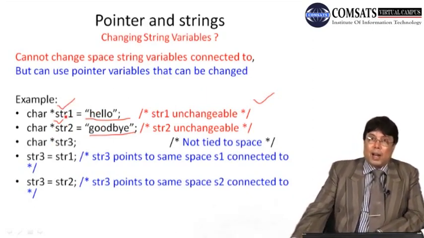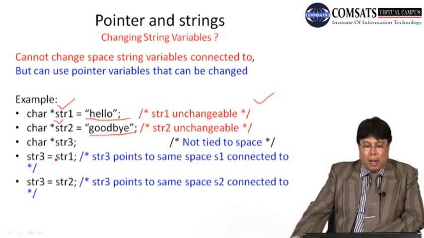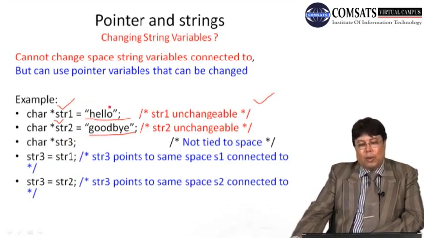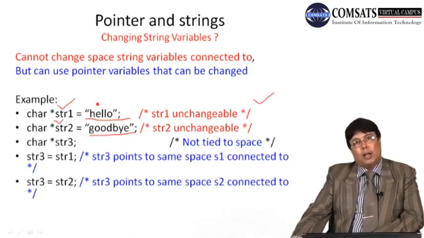So you cannot override that. अगर आप इसको ओवरराइड करेंगे, आप कहेंगे कि string 1 is equal to string 3, तो it means कि you will never ever come back to this memory space. Yes, you will lose it forever.